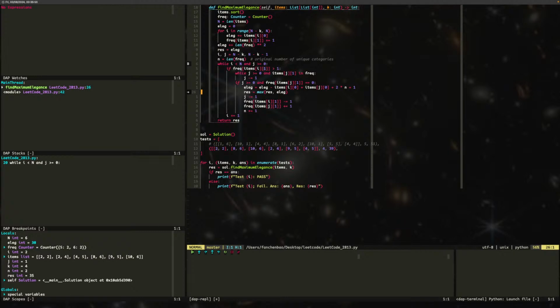So elegance is 38, rest becomes 38. J minus equal 1. That is good. J minus equal 1. And the frequency, the 5 become 1. Right? 5 become 1. And frequency 4 increase.